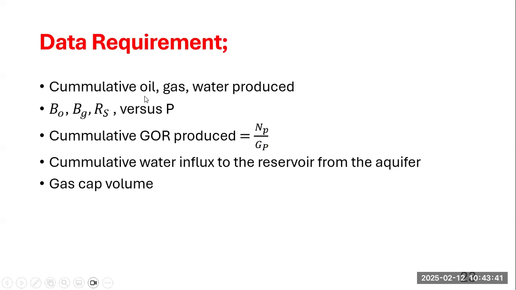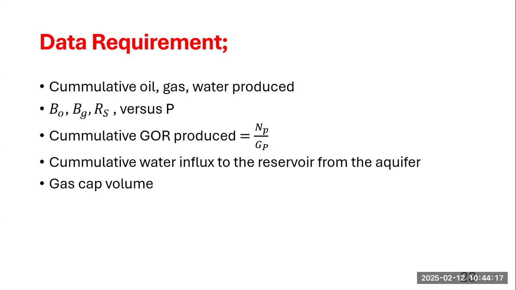So what are the data requirements? As we move on, we need cumulative oil. You remember where they were listed with their units, so you can go back to that slide and look at the listings and their units. We need the cumulative oil, the gas, and the water produced. We need our BO, BG, RS. These are PVTs. I mentioned RS can be measured in the laboratory, either via flash separation or differential separation.